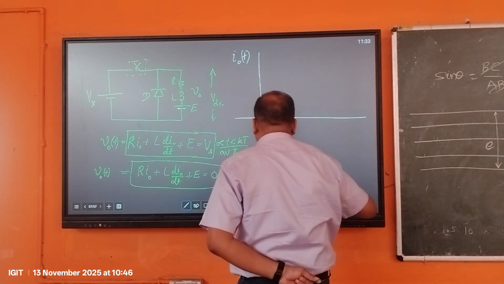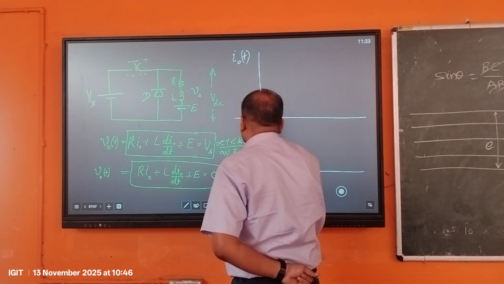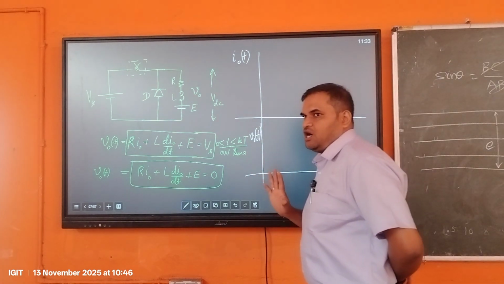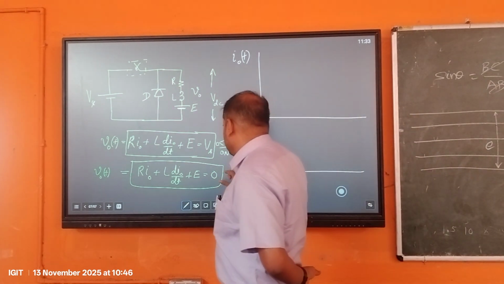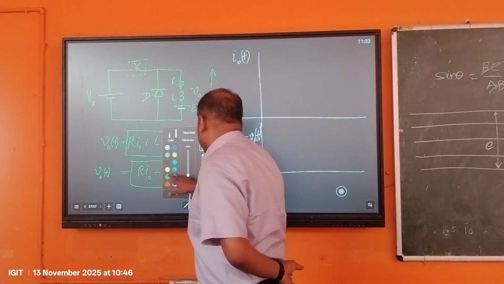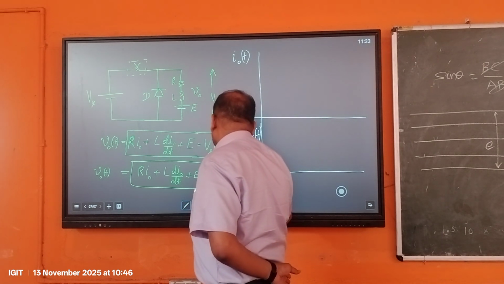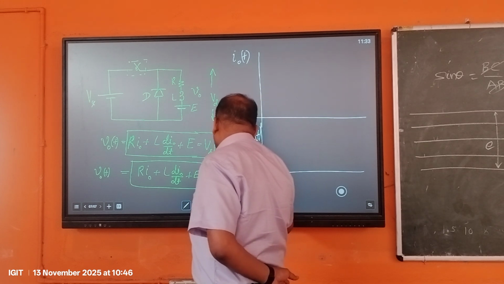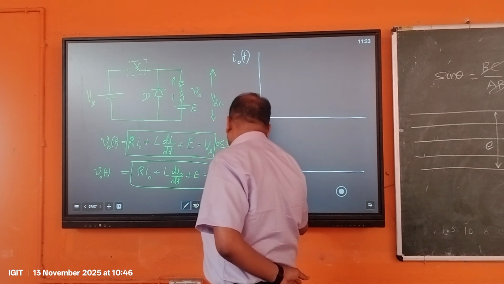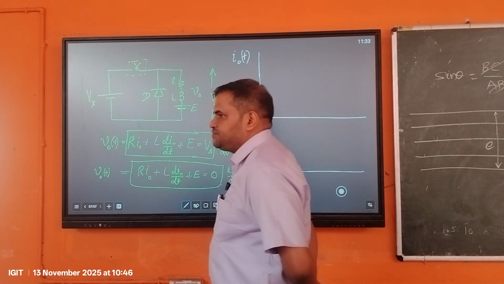Two things come to mind. This is for the off time, from kT to capital T. Off time means the switch is off.